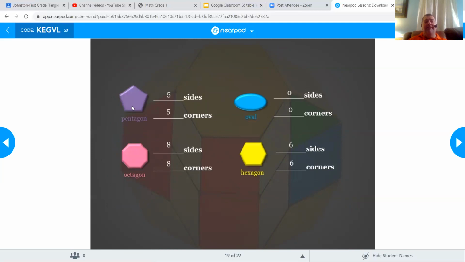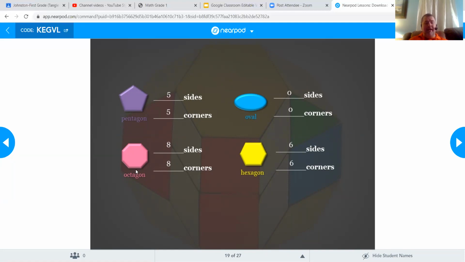Now we have the pentagon. It has 1, 2, 3, 4, 5 sides and 1, 2, 3, 4, 5 corners. The oval, again, is circular in nature. It has no sides because it has no straight lines, and it has no corners because there's nowhere that two lines meet on an oval.